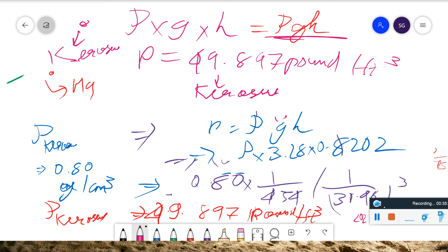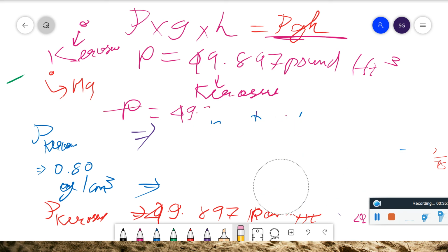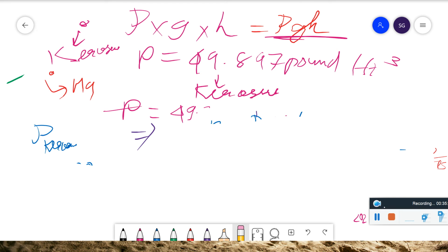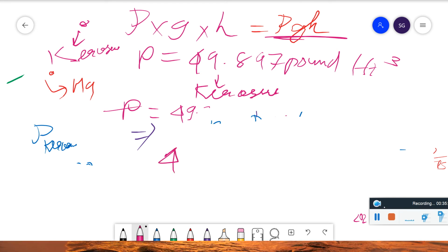Now we are more interested in finding out the Hg. So P is equal to 49.897. This pressure will remain constant, that's why 49.897 is equal to rho g h.